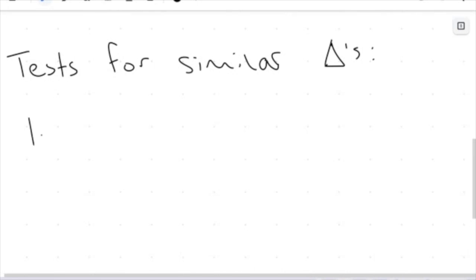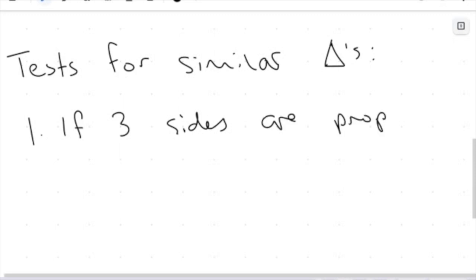The first test is if 3 sides are proportional with one triangle and another triangle, then the triangles are similar.